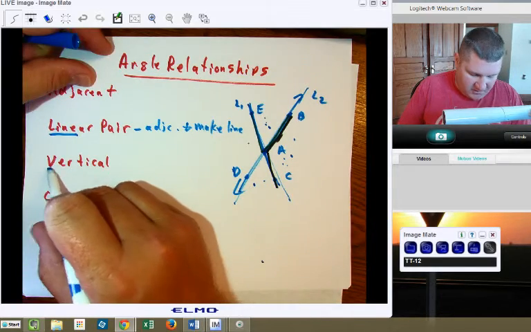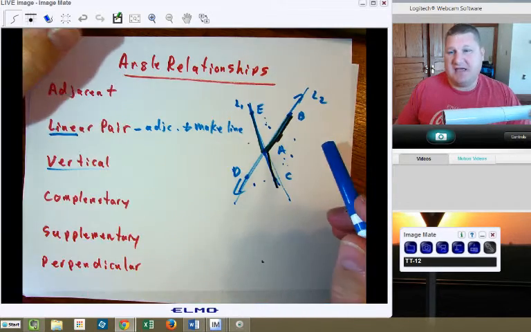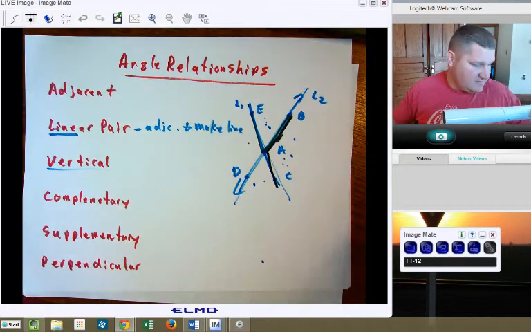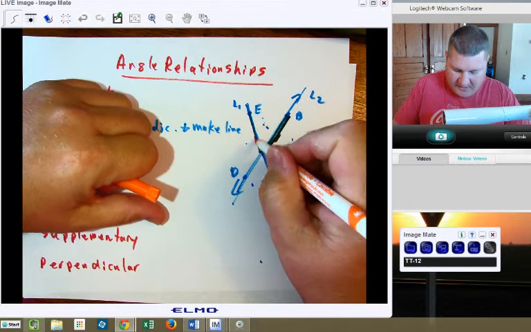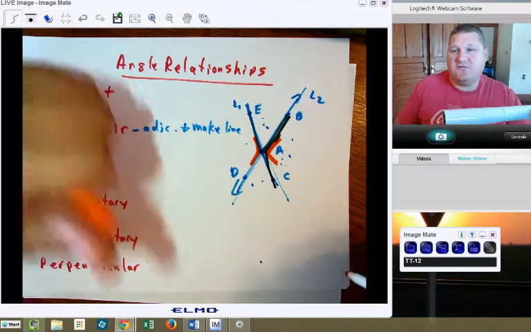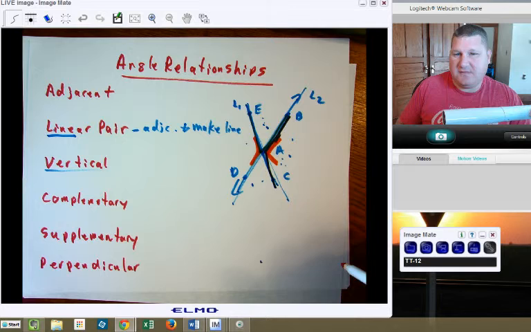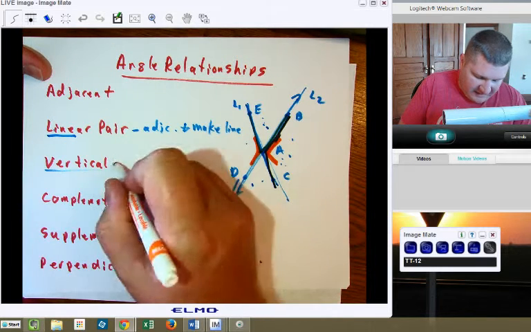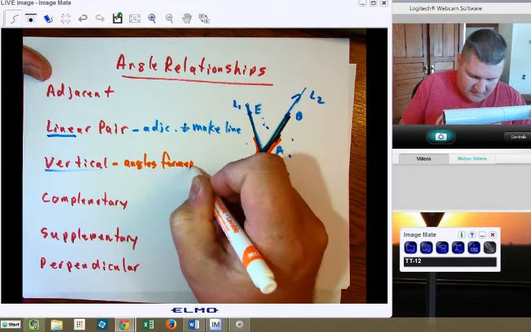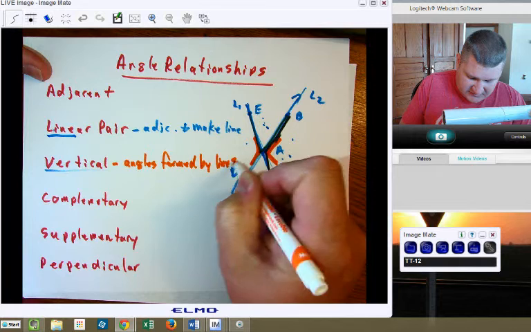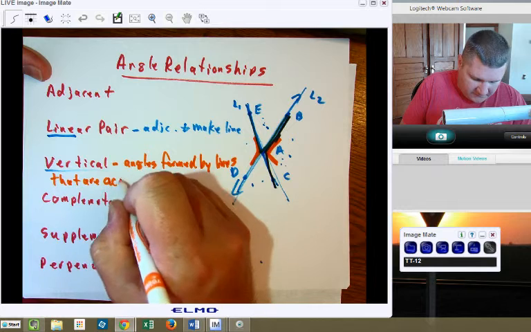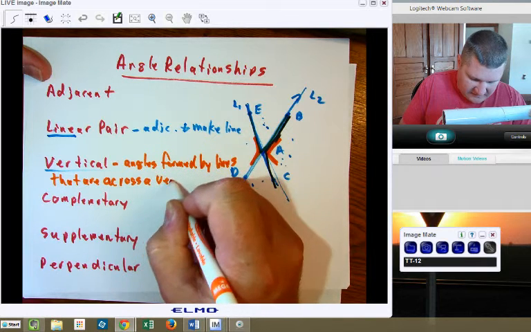Now, let's go to a vertical angle. Now, vertical traditionally means up and down. But if I were looking for vertical angles in this section here, I would say that my prime vertical angles would be right here and right here. Those are vertical angles because it's not the up and down that matters. It's the vertex angles formed by lines that are across a vertex.